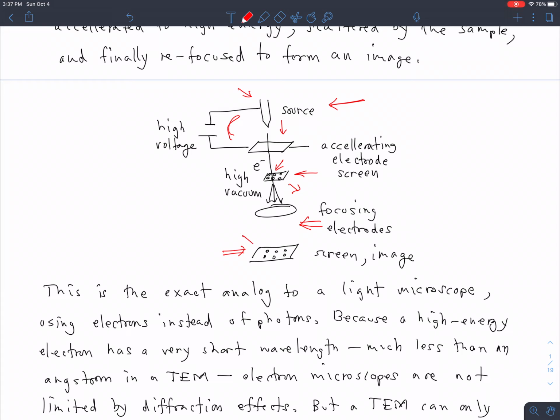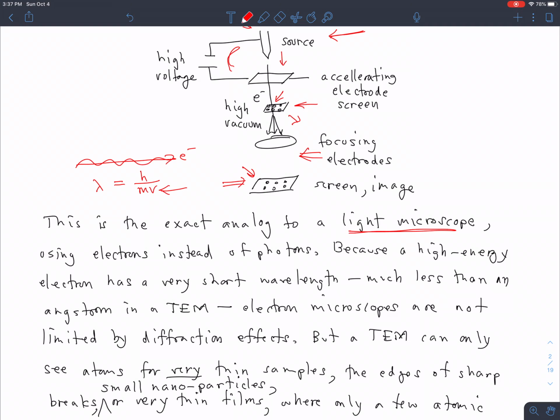The main practical difference between a light microscope and an electron microscope is that electrons have a de Broglie wavelength, right? The de Broglie wavelength is Planck's constant divided by mv, the momentum of the electron, which means that if you get the electron going fast enough, since Planck's constant is a very small number, of course, then the wavelength is very small.